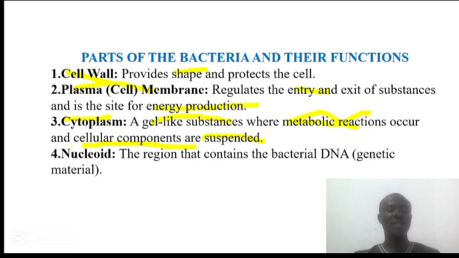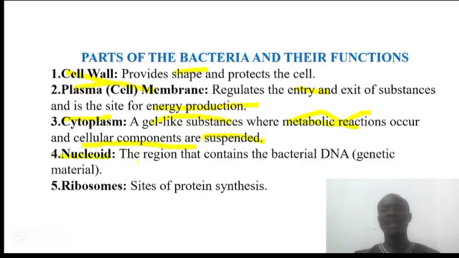And we have the nucleus. As I said, bacteria do not have a nucleus. What they have is just nuclear material that is found floating within the cytoplasm. And that nuclear material, not having a membrane, is called the nucleoid.